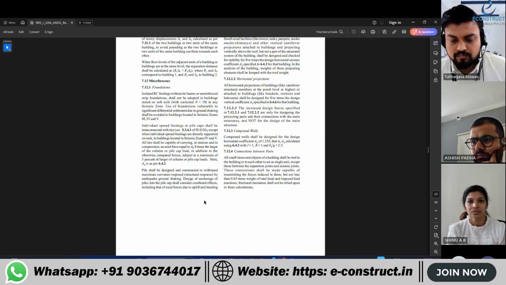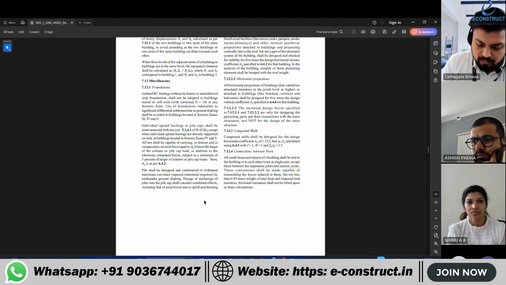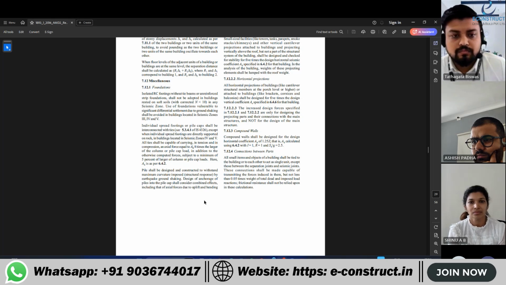Use of foundations vulnerable to significant differential settlement due to ground shaking shall not be adopted in buildings located in seismic zones 3, 4, and 5. Individual spread footing or pile caps shall be interconnected with ties.